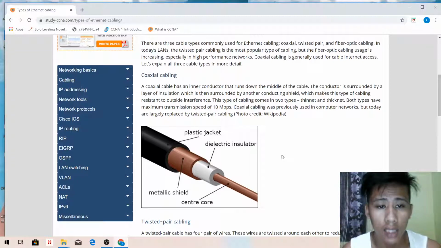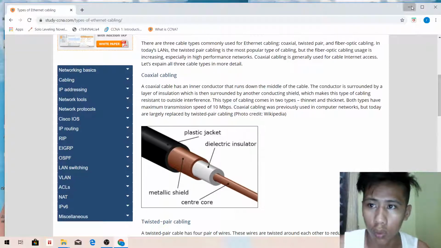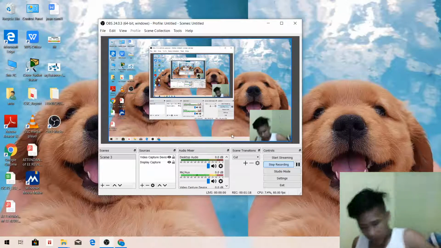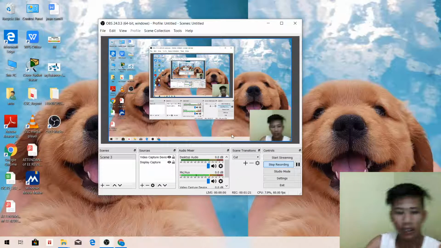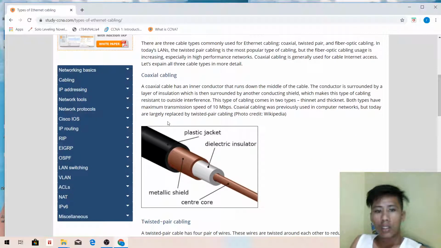So, this is the coaxial cable. What is the coaxial cable? Coaxial cable is a type of cable that has an inner conductor that runs down the middle of the cable. The conductor is surrounded by a layer of insulation, which is then surrounded by another conducting shield, which makes this type of cabling resistant to outside interference.